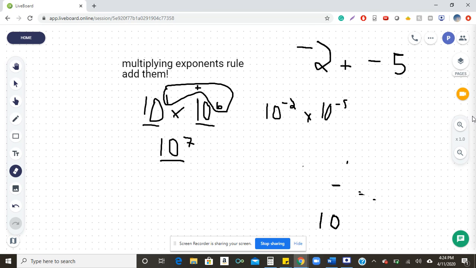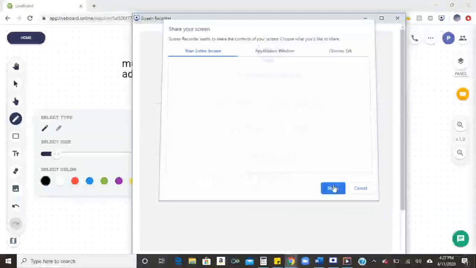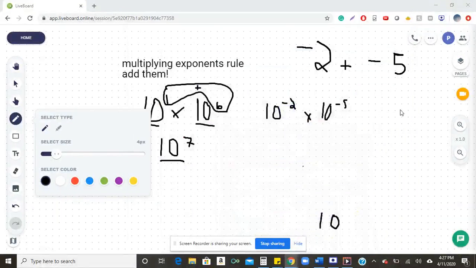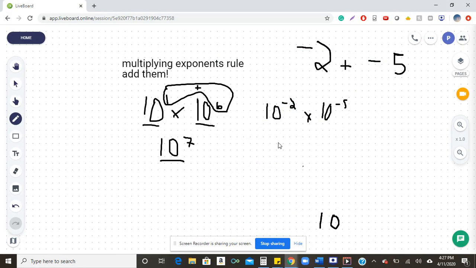Okay, so when we are going to multiply our tens with our multiplying exponents, we're going to bring down the 10 because that base is going to stay the same, and then we essentially just add negative 2 and negative 5.